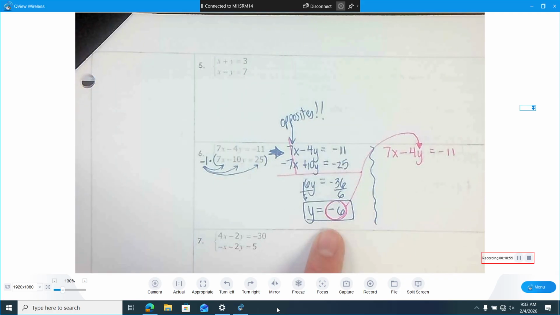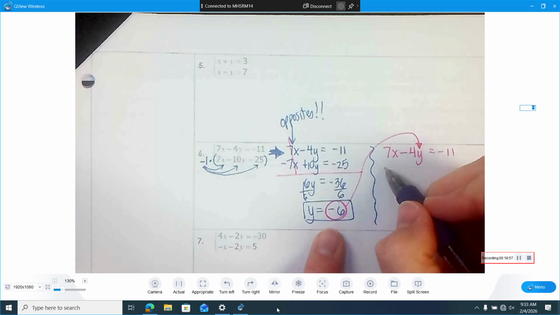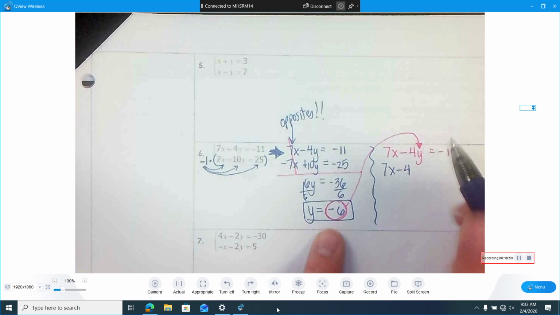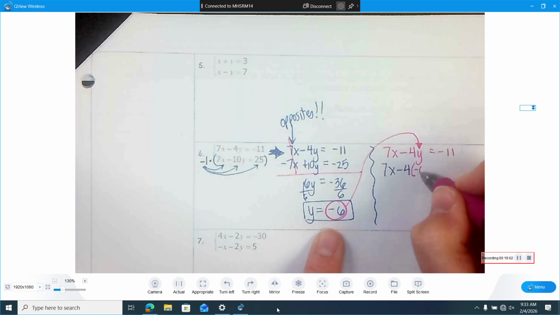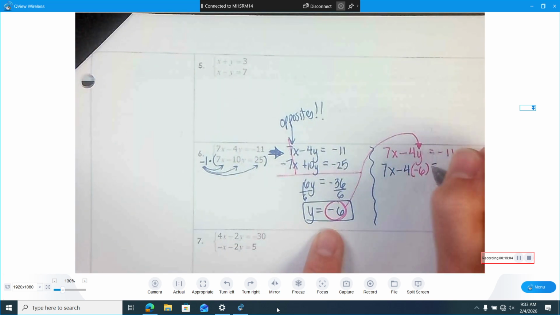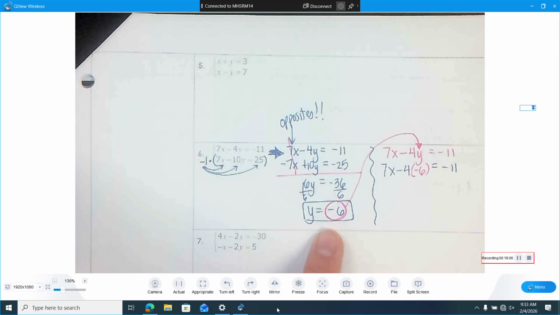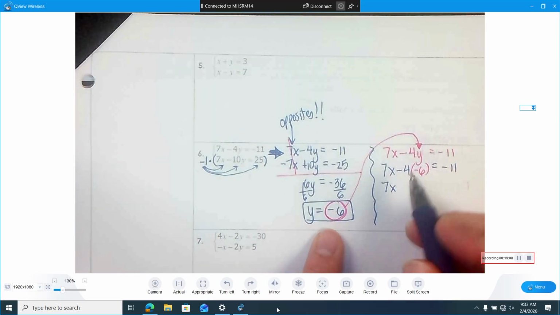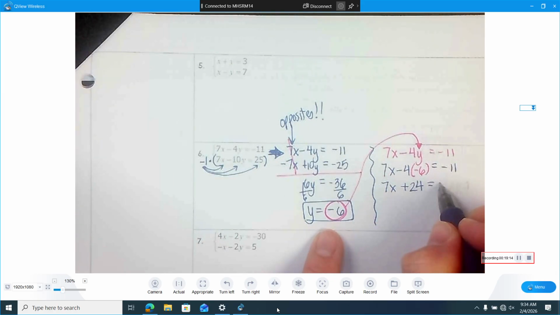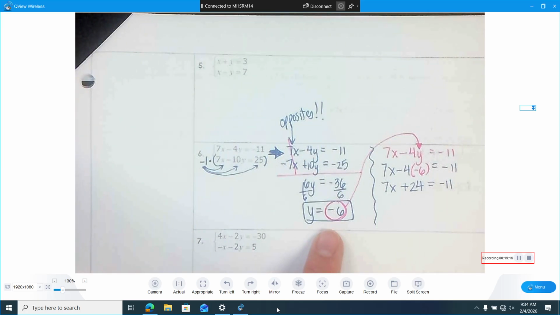Very good. All right. So we have 7x minus 4, plugging in the negative 6, equals negative 11. 7x, what's negative 4 times negative 6? Positive 24, equals negative 11. And how do we get x by itself?